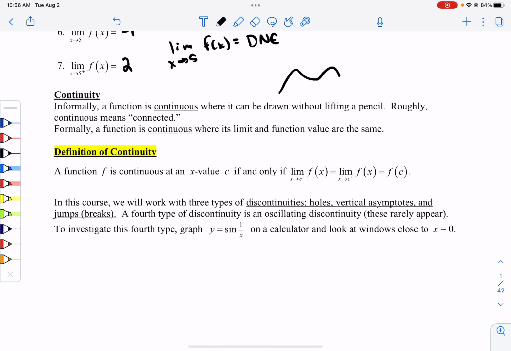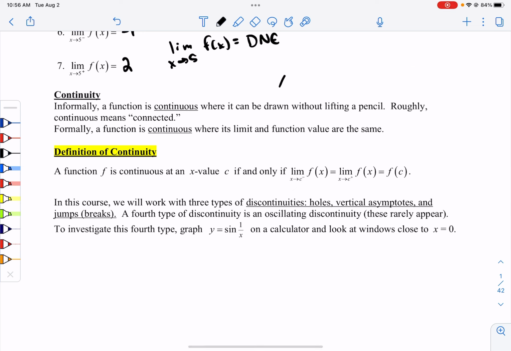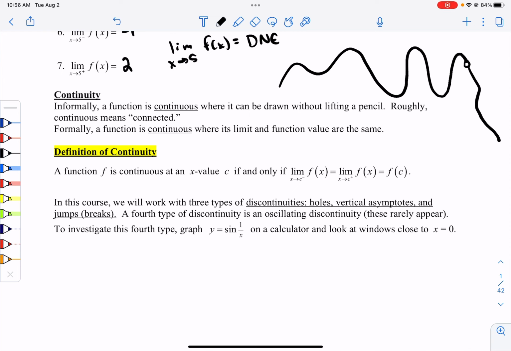If I can draw my function without picking up my pencil, it's continuous. But if I have to stop because there's a hole right there and keep going, it's no longer continuous. It's continuous in lots of other places, but right there, it's no longer continuous.